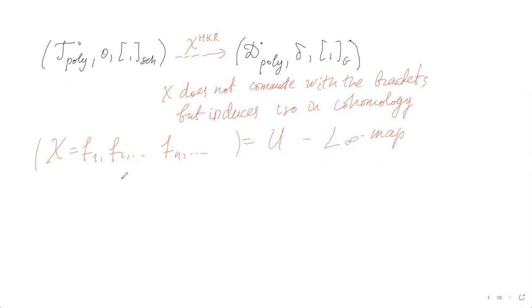And so, applying U to the bivector pi, which, as you know, is a Maurer-Cartan element on the left, we obtain a Maurer-Cartan element on the right.